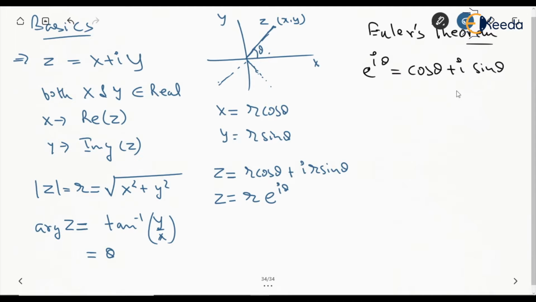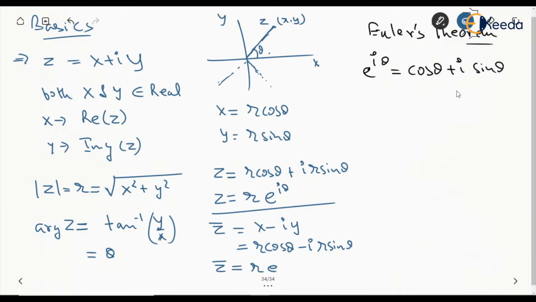Yes. Also, there is a term called z conjugate, which is x minus i y. So the imaginary part is multiplied with a negative factor. In that case, this will become r cos theta minus i times r sin theta, which can be given as z conjugate is equal to r times e to the power minus i theta.